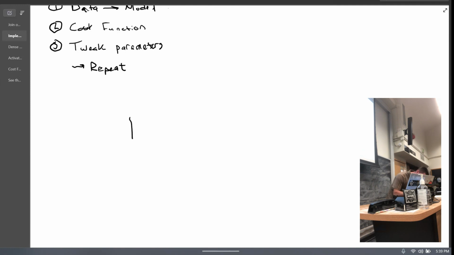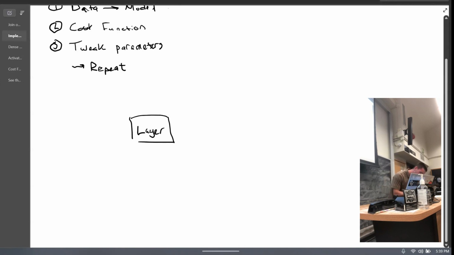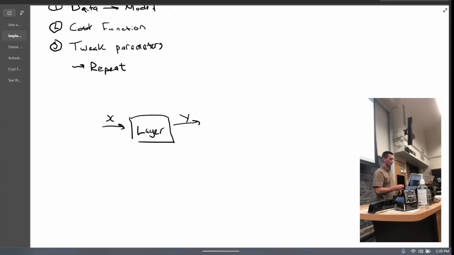So we can think of each layer as a standalone black box function. And like any function, it's going to have some input x and some output y, right? And this is going to describe our first step of our machine learning process.